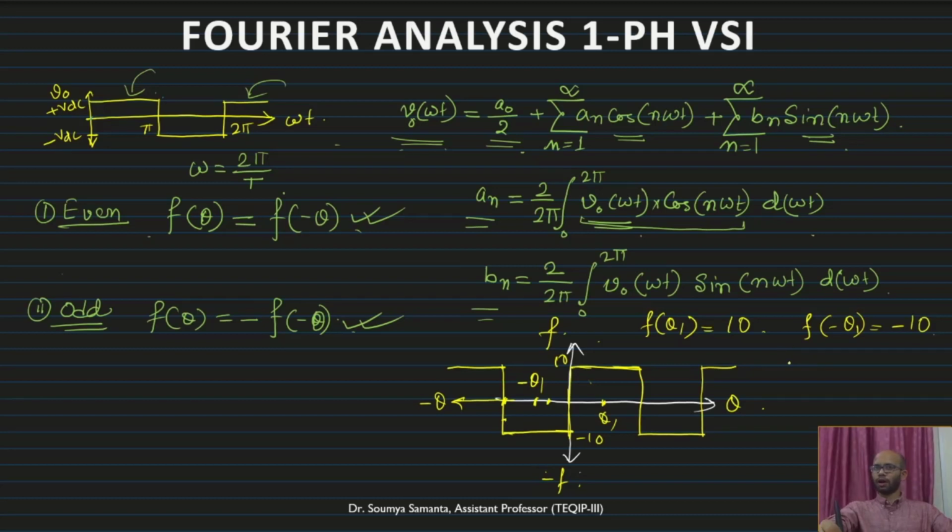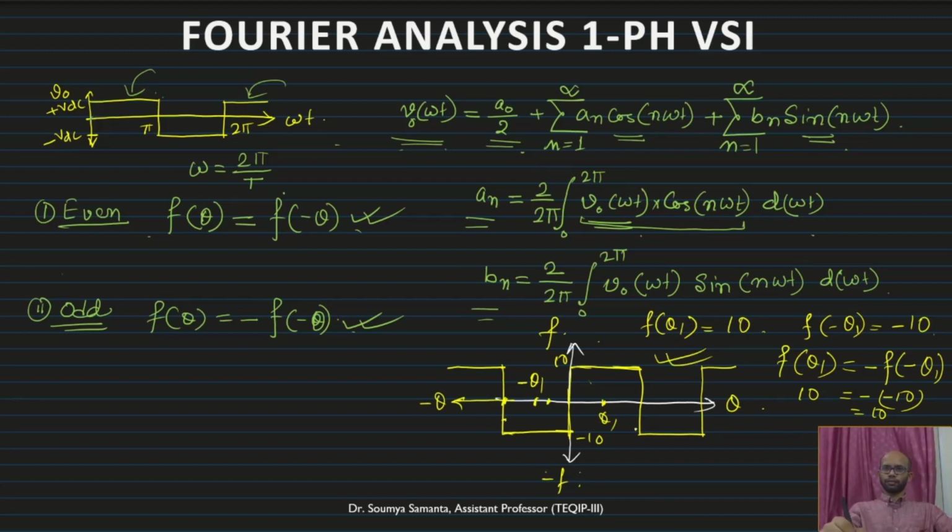So now we can write f of theta 1 is equal to minus of f of minus theta 1. Now what is this value? This is 10. What is this? Minus of minus 10, so this will also be 10. So they are equal. So we can say that this waveform possesses the characteristics of odd symmetry.